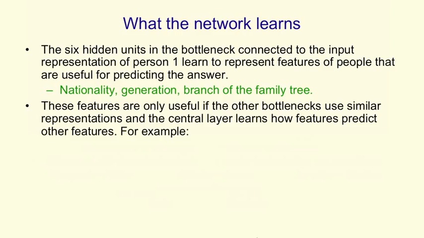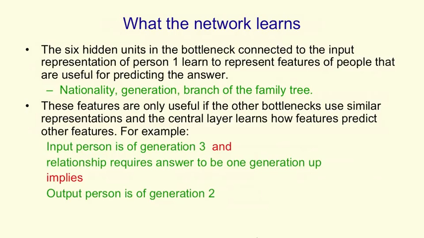And the central layer is able to say how the features of the input person and the features of the relationship predict the features of the output person. So, for example, if the input person is of generation 3 and the relationship requires the output person to be 1 generation up, then the output person is of generation 2. But notice, to capture that rule, you have to extract appropriate features at the first hidden layer and the last hidden layer of the network, and you have to make the units in the middle relate those features correctly.